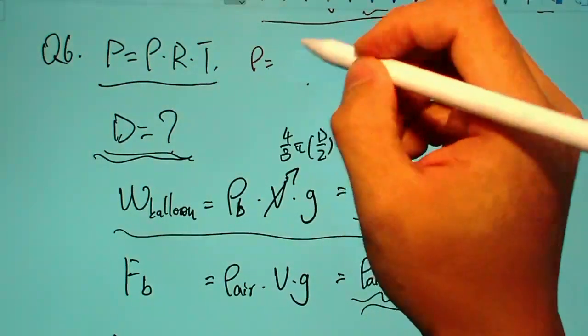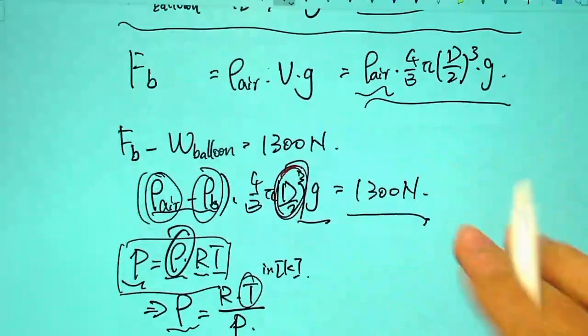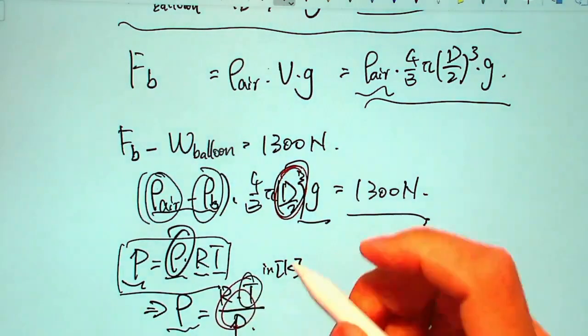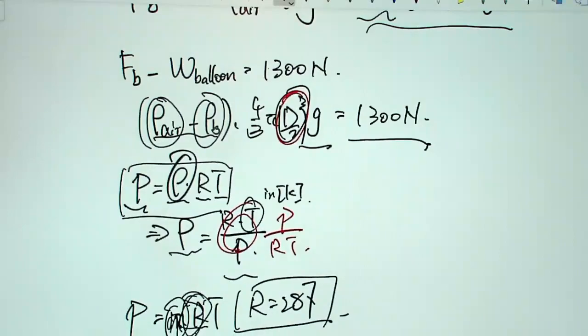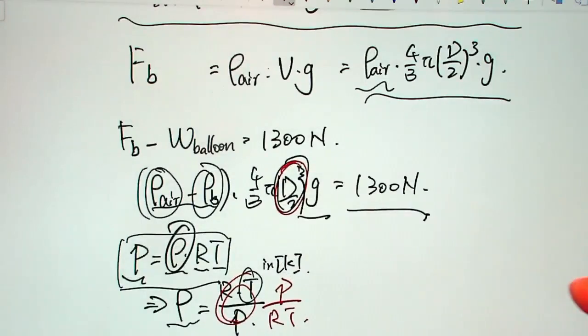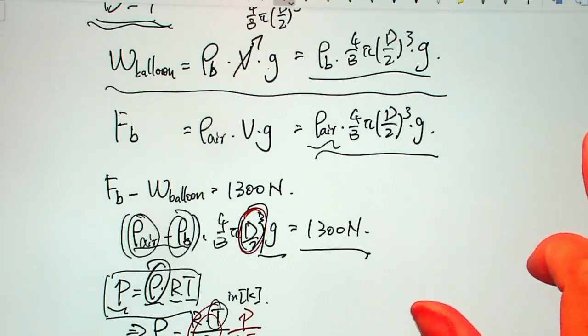My bad. Yeah, sorry. It's P over RT. Yeah, I apologize. It's P over RT. Thanks for pointing out. Did I make any other mistake, or do you have any question?